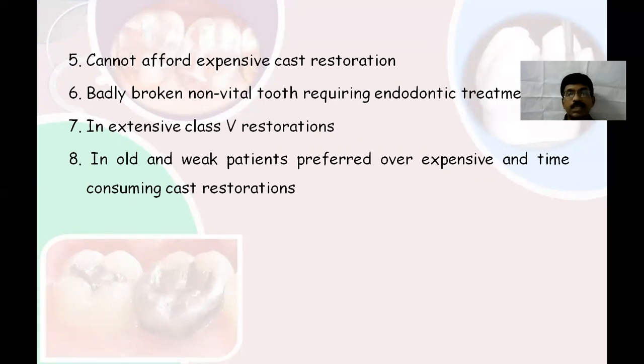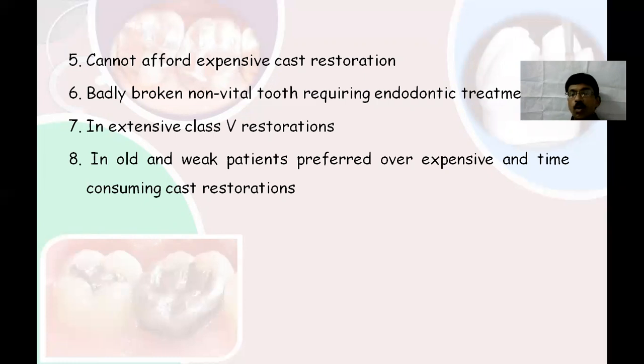And the sixth one is in badly broken down non-vital teeth which require endodontic treatment. So when the tooth is badly broken down and non-vital, then we can go for complex amalgam restorations. And the seventh indication is in extensive class 2 restorations. So in very extensive class 2 restorations also, we can go for complex amalgam restorations.